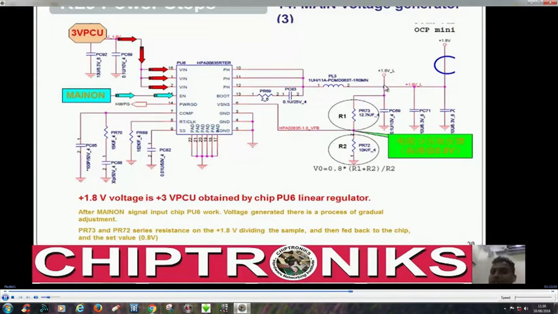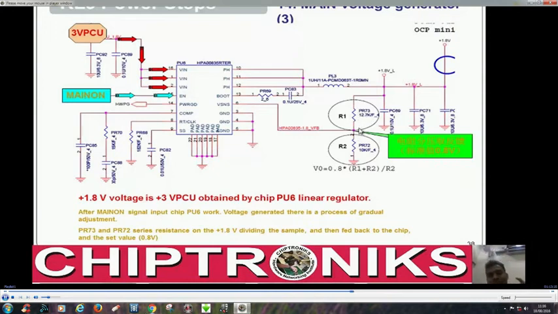If the voltage is not 1.8 volt, it will iterate, so finally 1.8 volt would come over here, 1.8 volt would come over here, and we must check these two resistors.